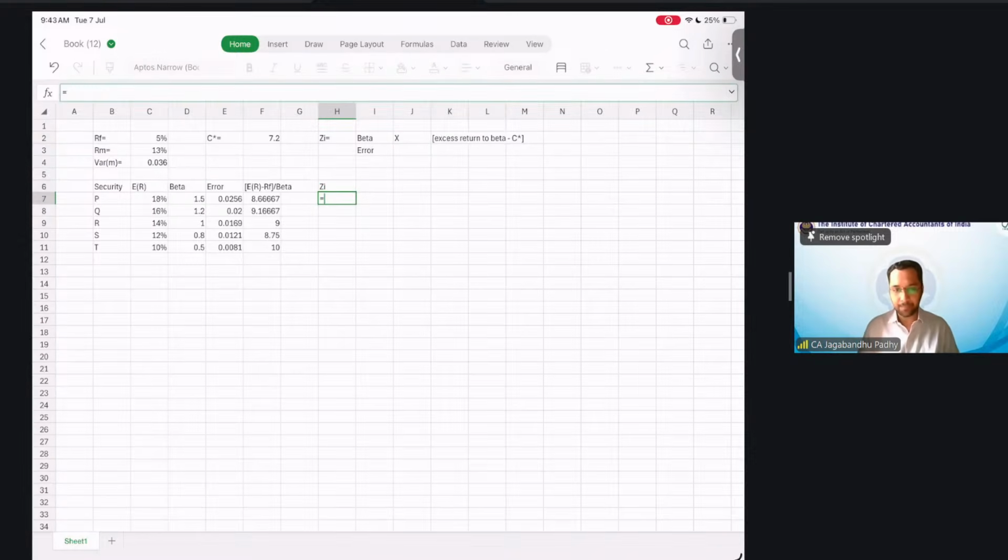So Zi will be beta divided by error term into excess return to beta minus C star of 7.2.